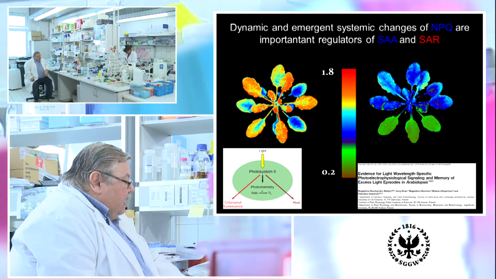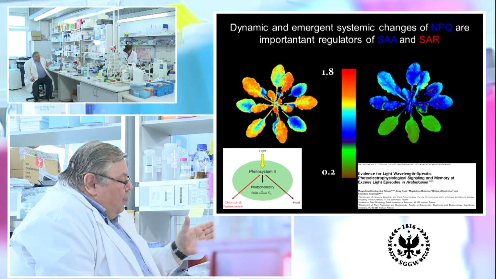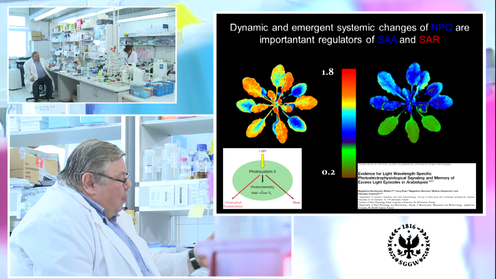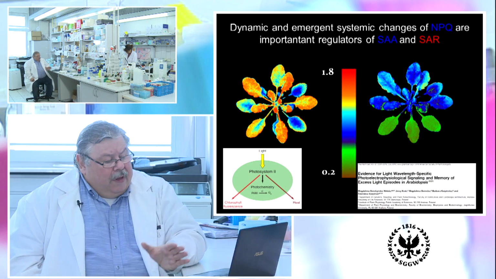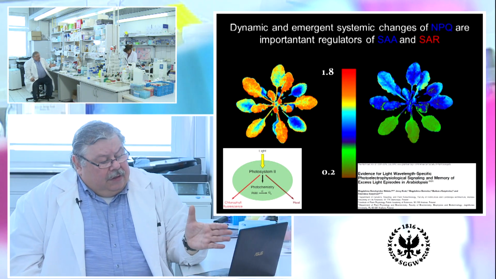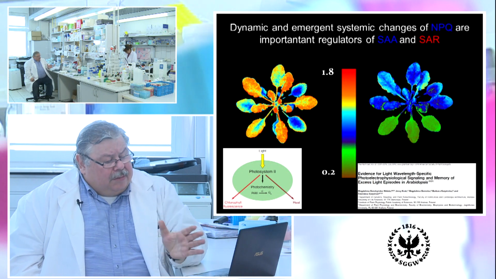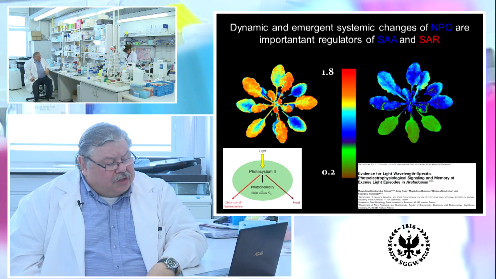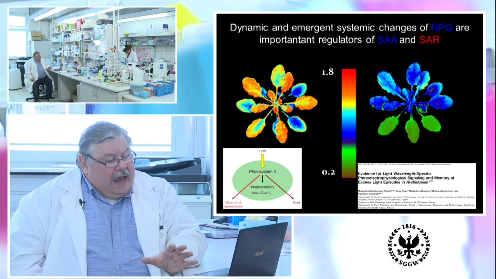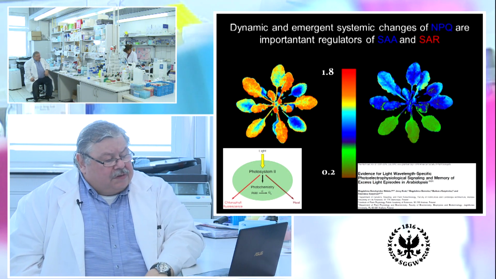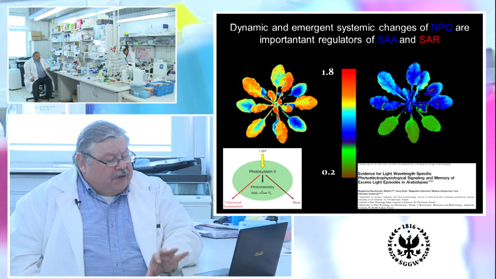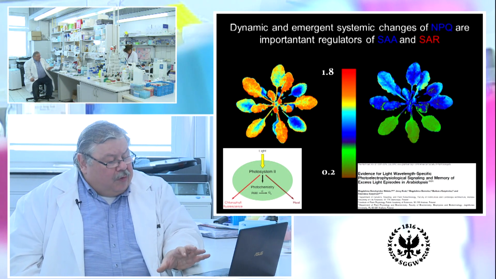The rosette on the left side is one rosette, 1 hour before and 1 hour after. And just before it is a rosette from low light, when imaging shows non-photochemical quenching. Different leaves of these rosettes have a different setup for the division of energy between fluorescence, photochemistry, and heat.